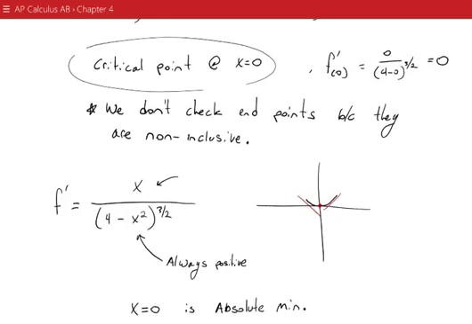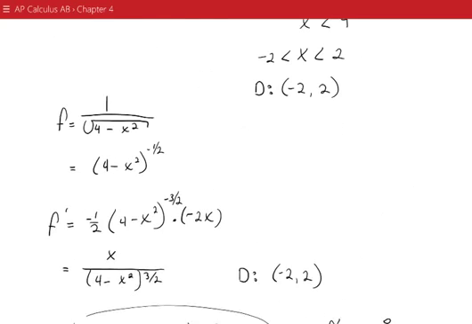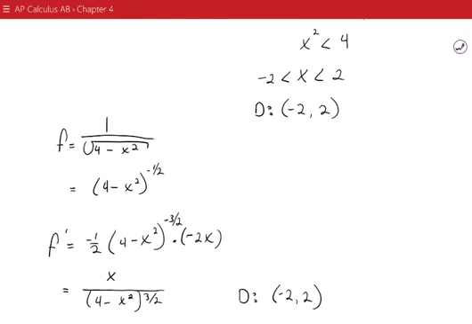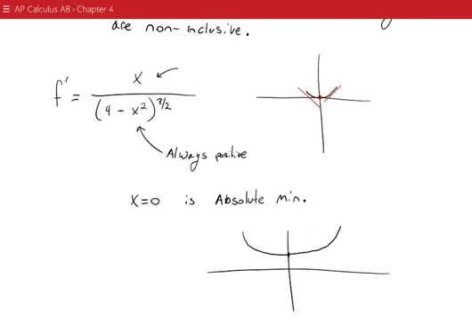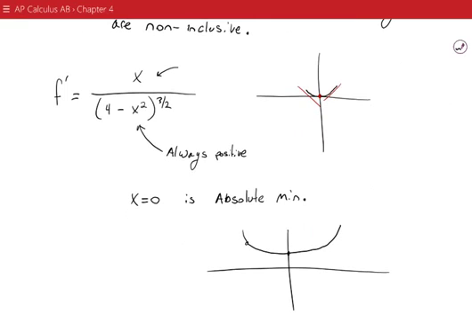You could have also verified that it was a minimum by looking at the value of the function for a number slightly bigger than 0 and slightly smaller than 0. You could have evaluated that with your calculator and you would have gotten that a point slightly off to the left or slightly off to the right is going to have a higher value, so it's a minimum.